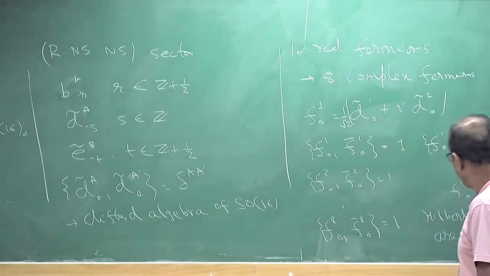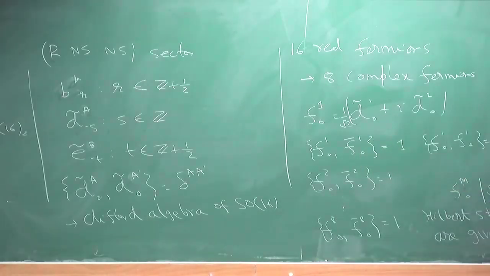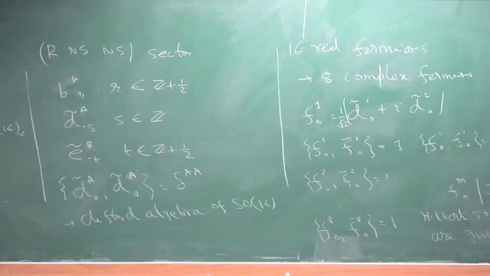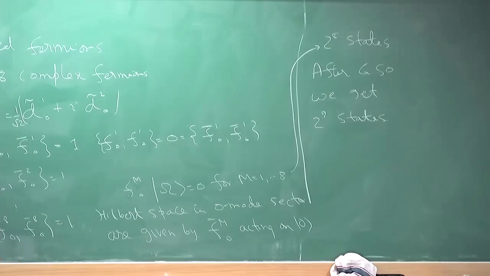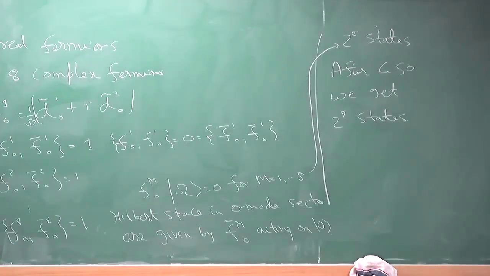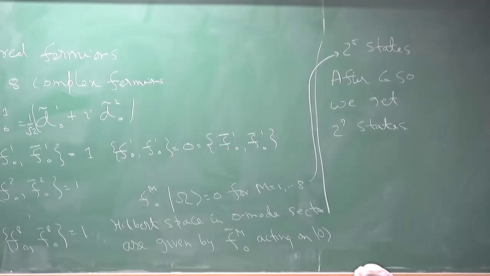So after GSO, we get 2 to the 7 states. So on the left, the Ramond sector ground state of SO16 is 128-fold degenerate, 2 to the 7-fold degenerate.